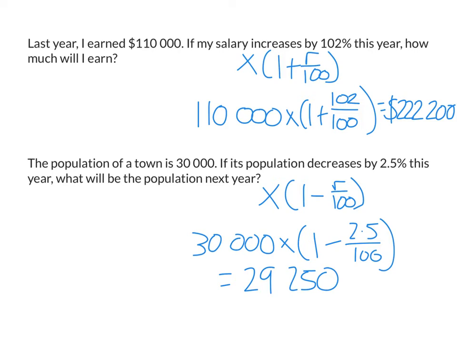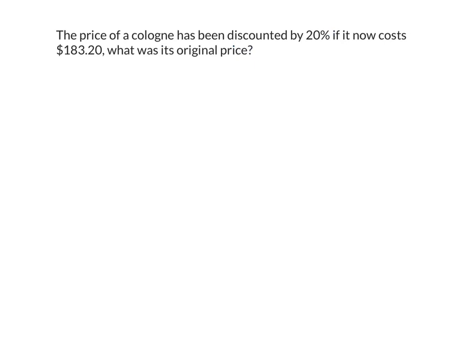All right, just one more thing we need to do. That's finding the original amount. So let's look at this question here. The price of a cologne was discounted by 20% and now costs $183.20. What was its original price? So please don't get confused here. This is a different question than the ones we've been doing. So why is that?